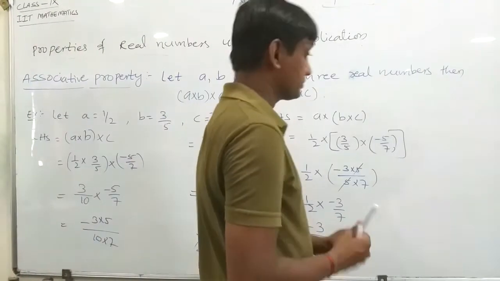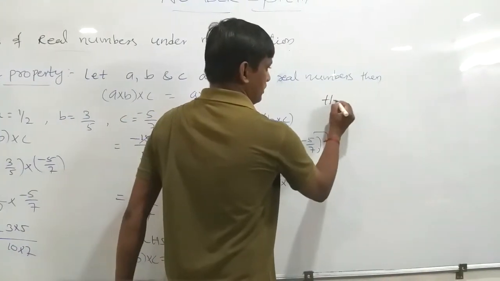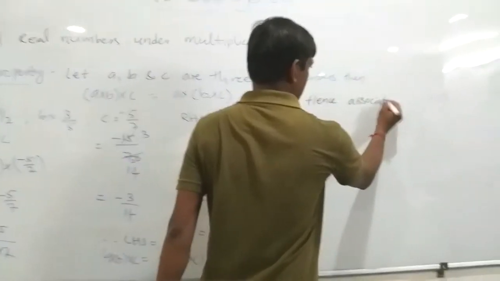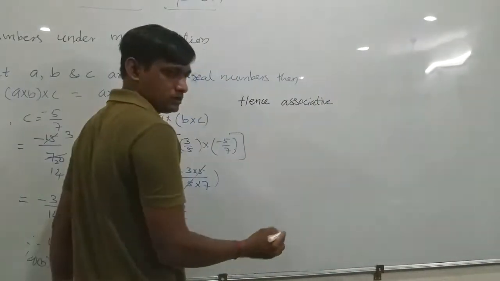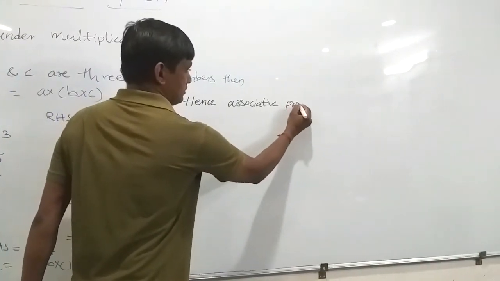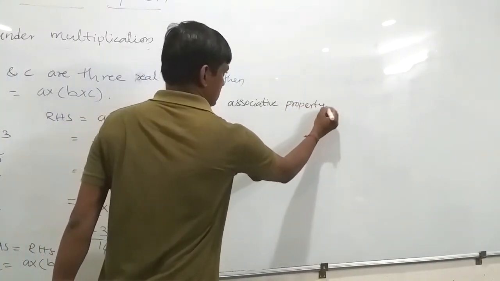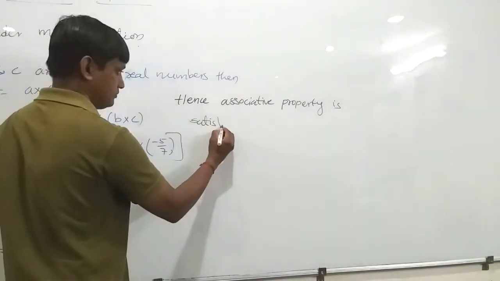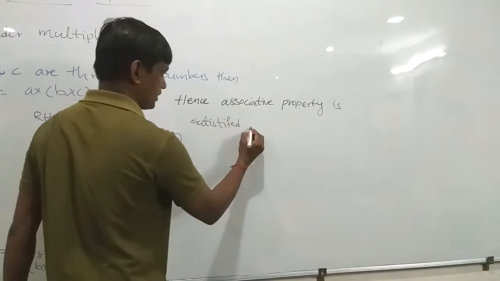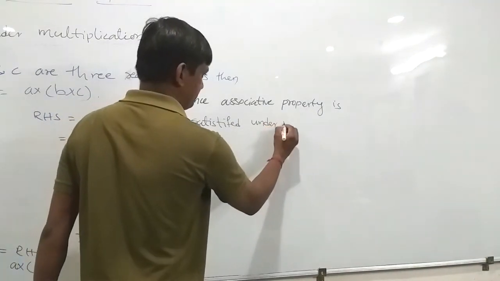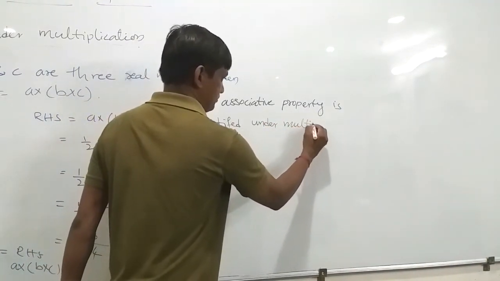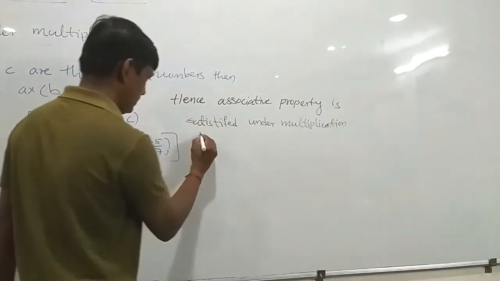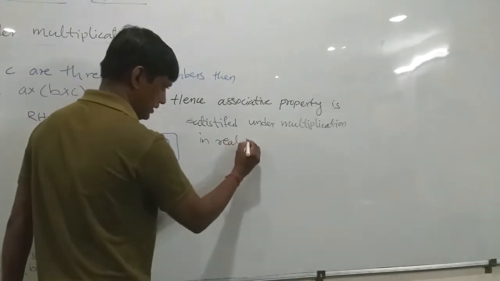Hence associative property is satisfied under multiplication in real numbers.